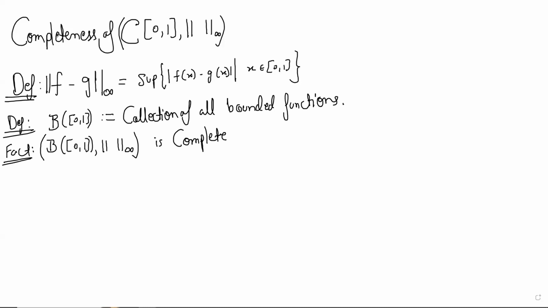Can it be avoided? If I just take a Cauchy sequence of continuous functions, I can show that it converges. Actually you don't need it, but let me still keep it there.